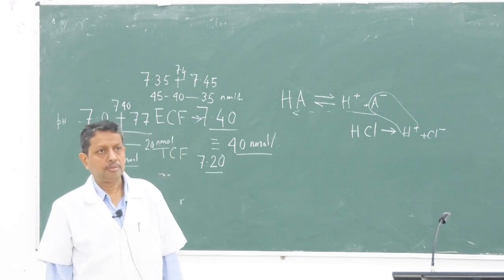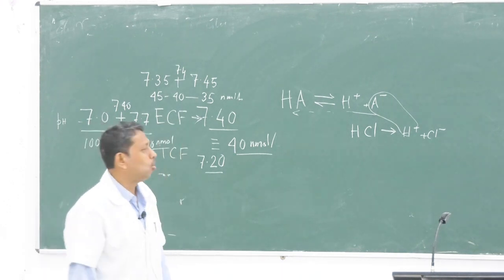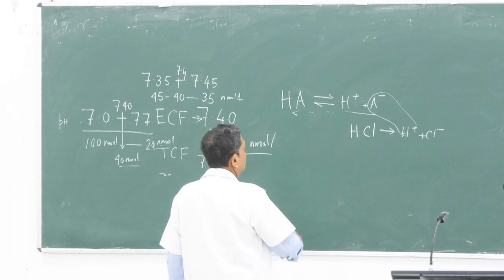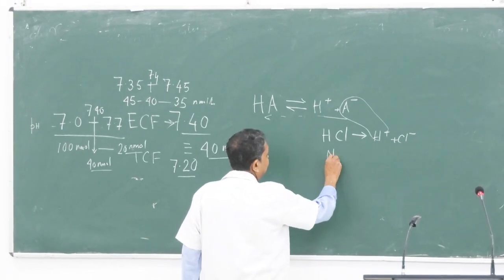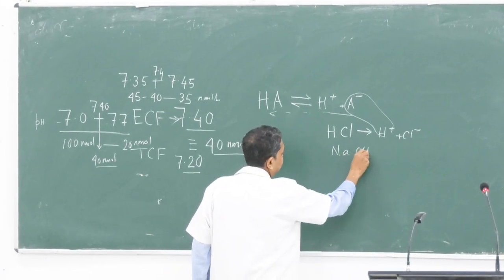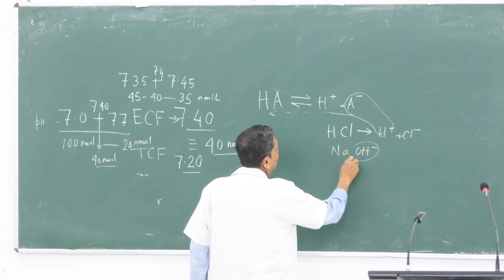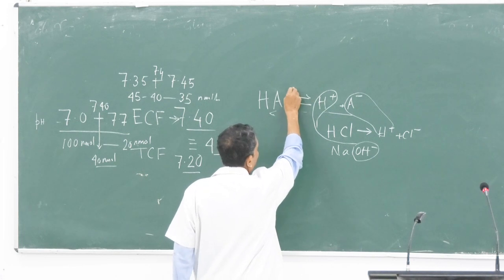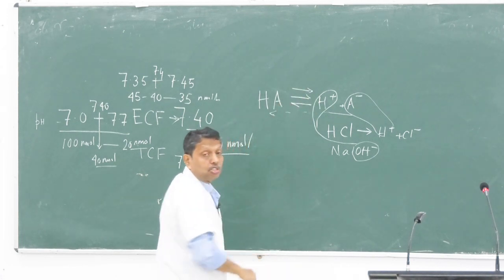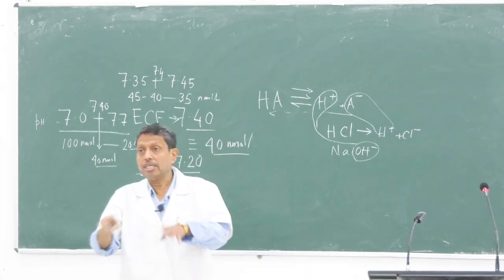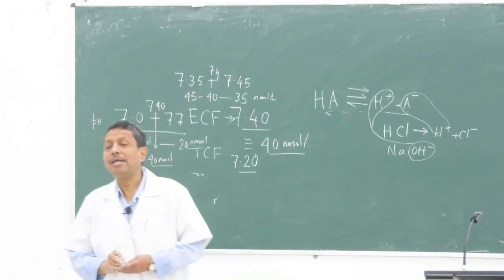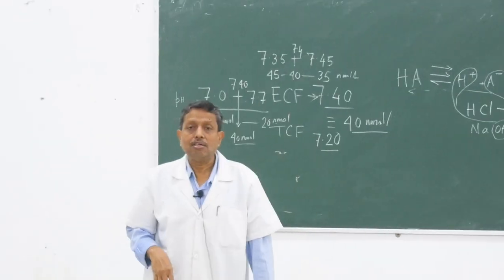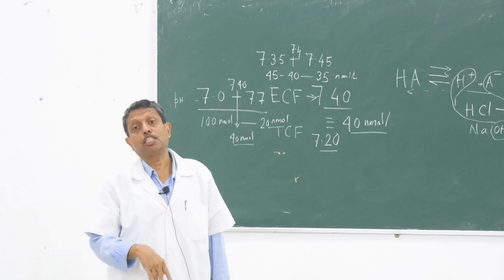On the other hand, if a strong base, suppose NaOH, is added, the hydroxyl group will neutralize the hydrogen ion, and the reaction will proceed in this way. The undissociated acid dissociates, and it prevents the fall in the hydrogen ion concentration as expected.